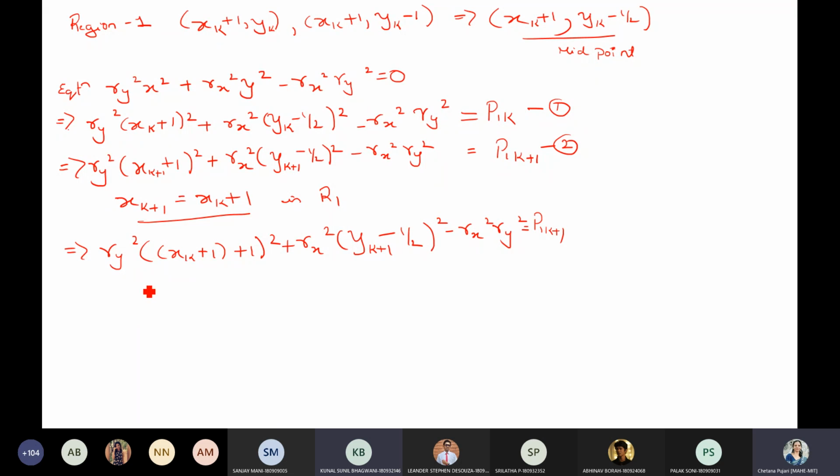Right? So here I'll be making use of a plus b whole square. We'll make use of the equation, that is a plus b whole square is equal to a square plus b square plus 2ab. Similarly, a minus b whole square equal to a square plus b square minus 2ab.